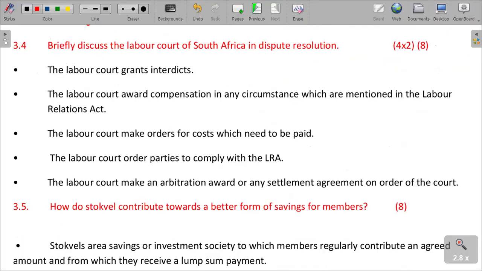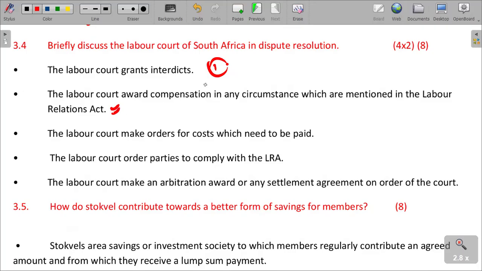Then briefly discuss the Labour Court of South Africa in dispute resolution. One, the Labour Court grants interdict. The Labour Court awards compensation in any circumstances which are mentioned in the Labour Relations Act.